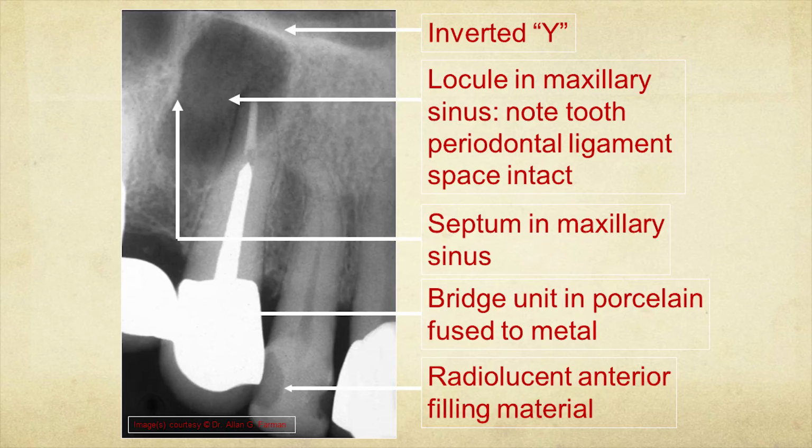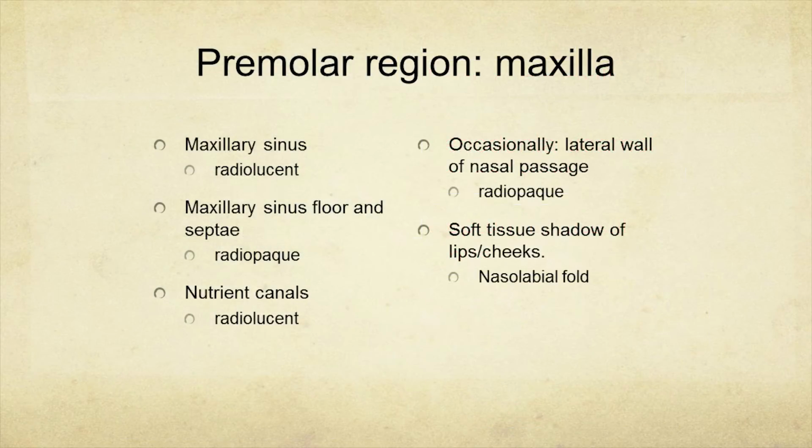But the lamina dura is intact, and this being a two-dimensional image, you would see an overlap of the sinus in that area, giving an appearance of a lesion there. And again, these are some of the other common radiolucencies and opacities you would see in these areas.